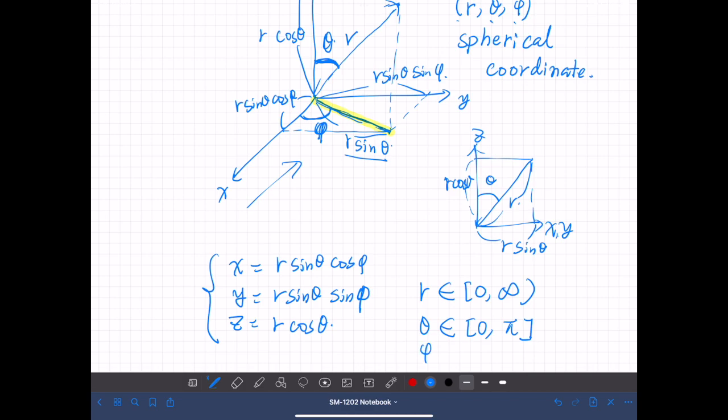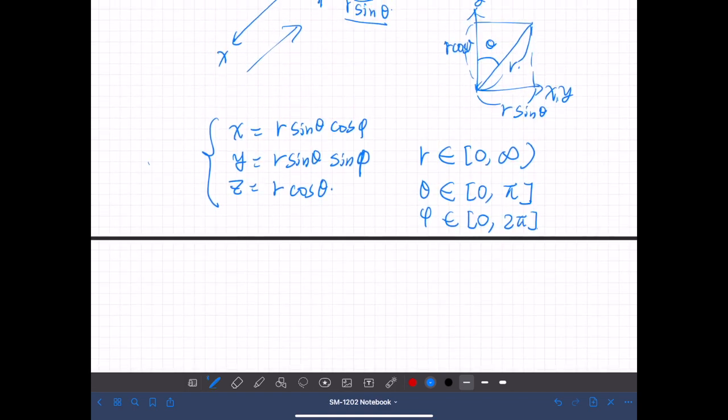And phi varies between 0 and 2 pi, or depending on the application, phi may vary from negative pi to pi.